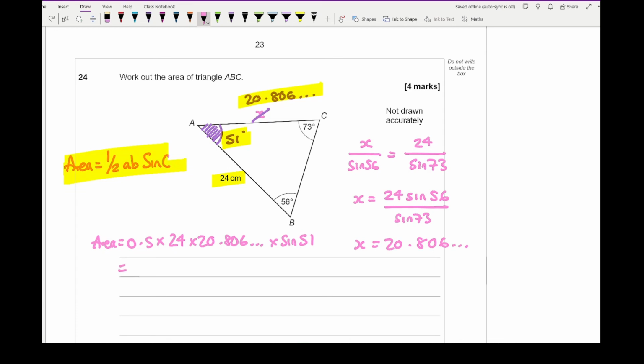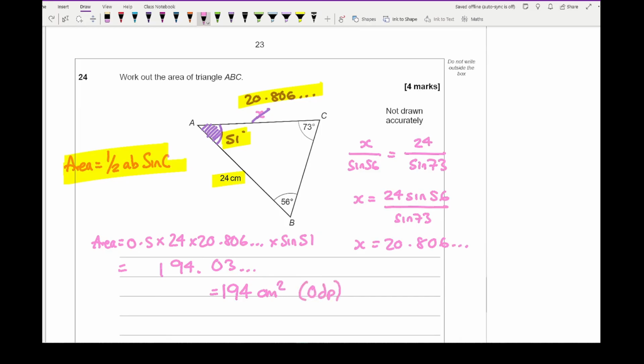If I type that all into my calculator, I get an answer of 194.03 and so on. So I'm going to round that to 194, and that's in centimeters squared.